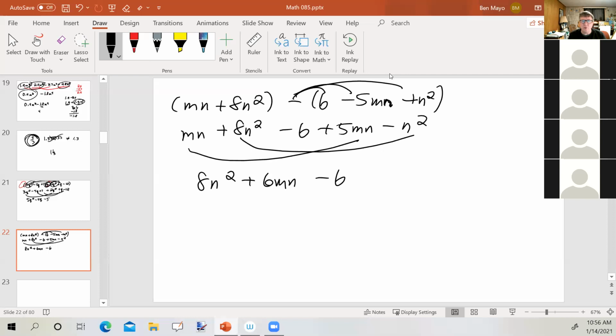When you've got more than one variable, sometimes you can't put it in standard form, or sometimes you just have to pick a variable and say, well, let's go with n. For instance, in this case, if I choose n as my main variable, this would be n squared, n to the first power, no n at all. So this would be in standard form in terms of the variable n.